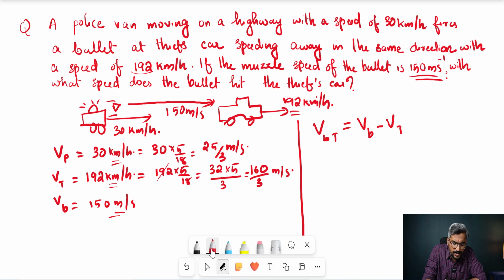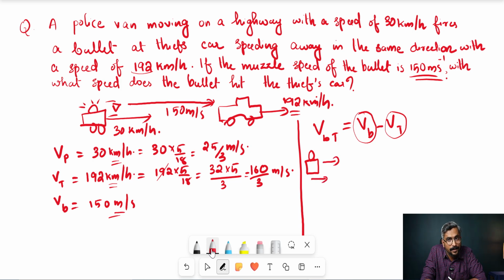But here one issue is there. VT is given, but VB is not actually the VB which is given. What is that 150? It is the muzzle speed of the bullet. The policeman is moving and the bullet is also moving.